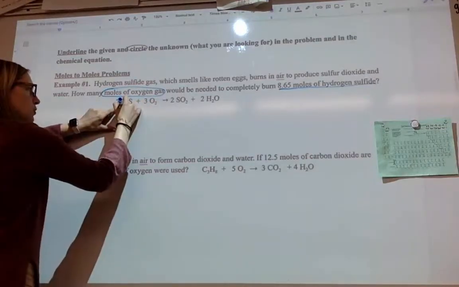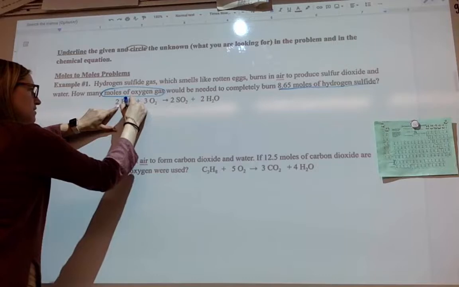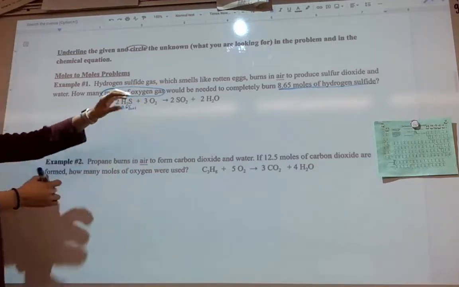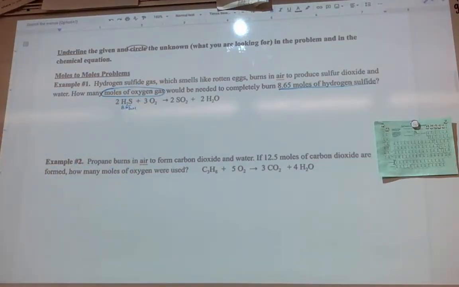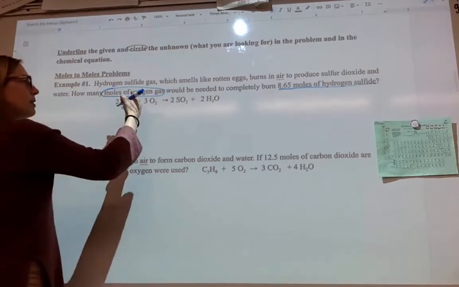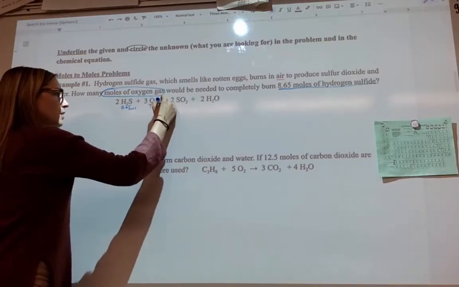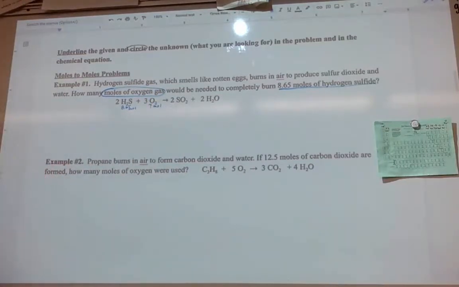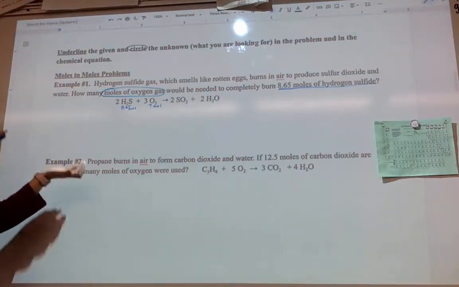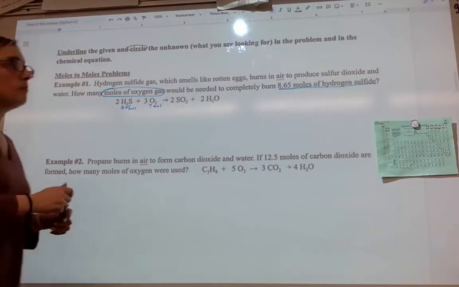So underneath H2S, I'm just going to put 8.65 moles. That's what the problem tells me. We're burning 8.65 moles of hydrogen sulfide. And it wants to know how many moles of oxygen gas we would need. So I'm going to put a question mark with moles, because the unit that it wants is moles. It doesn't say anything about SO2 and H2O, so that's not my focus for this problem.